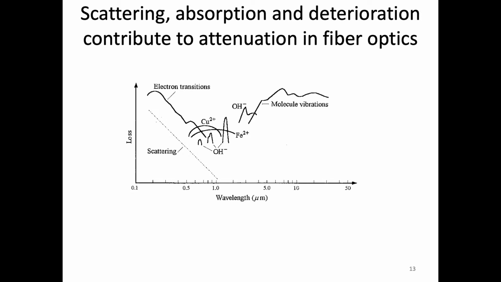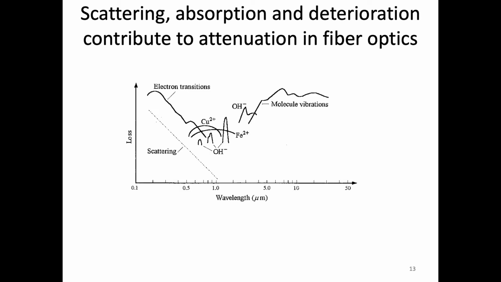All right, so let's think about some things that can cause this loss. We know that the material is not perfect, right? When we talked about optical interaction with ceramics, we talked about scattering. That's one of the potential losses. Absorption is another one, and then deterioration.